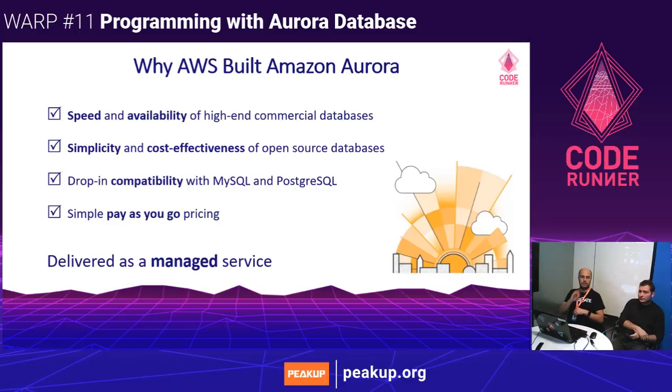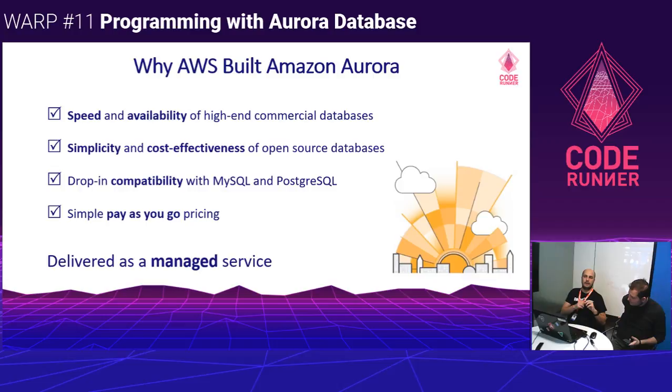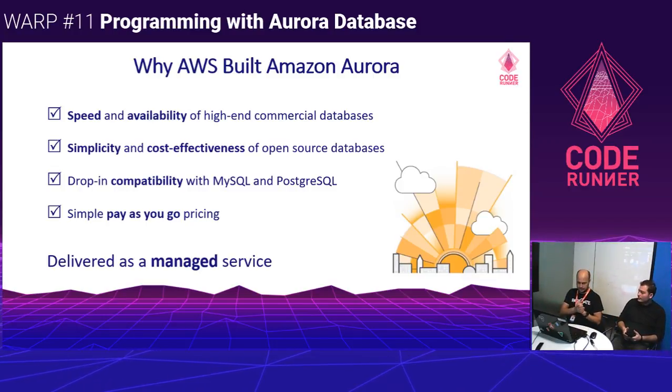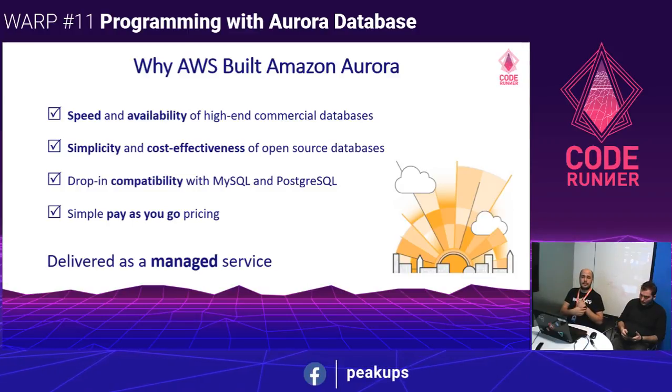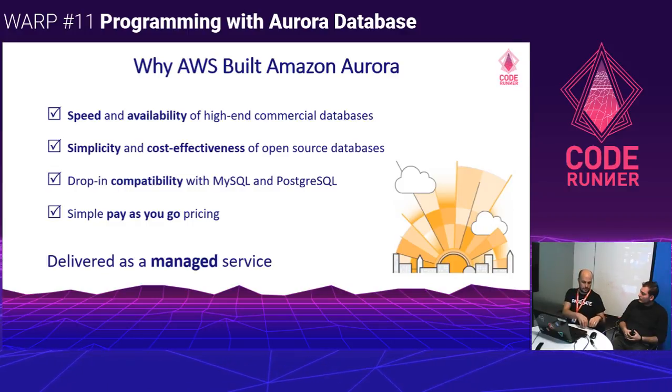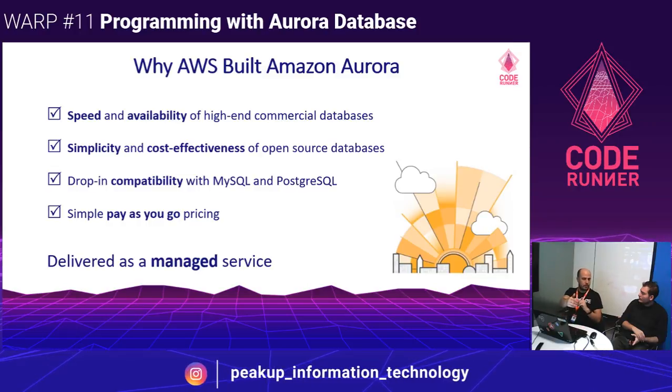So Amazon Aurora, first of all, is fully compatible with MySQL and PostgreSQL, and the main feature of Aurora is speed. Although Aurora is based on MySQL, it is 5 times faster than MySQL, because Amazon made some changes.